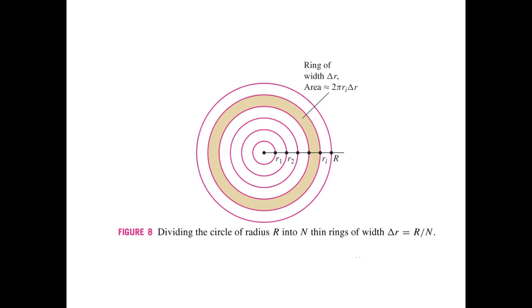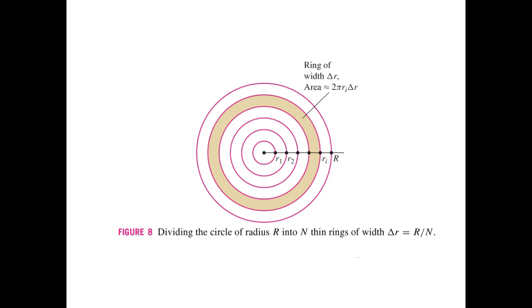Now, the thickness of that ring is basically your dr. So the area of this circular strip, you might call it, would be 2 pi r delta r.